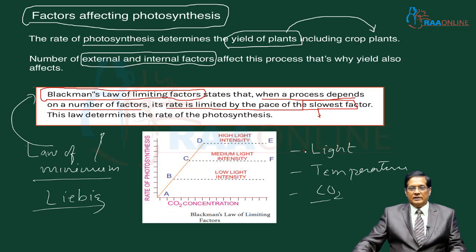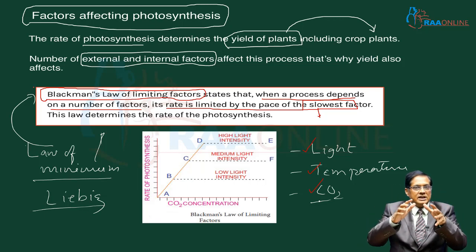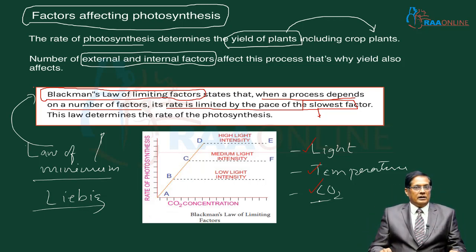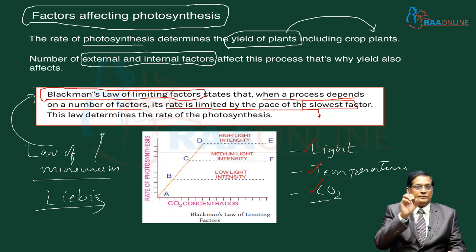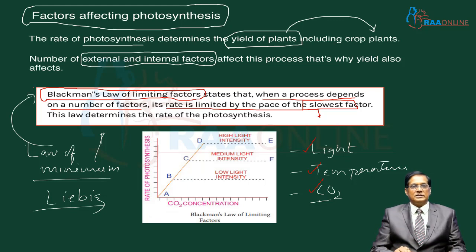Light, temperature and carbon dioxide are all affecting this process at the same time. In all those conditions, check the factor which is minimum or least available to the plant. If that particular factor is increased, the rate of photosynthesis also increases. If it is decreased, the rate of photosynthesis also declines.